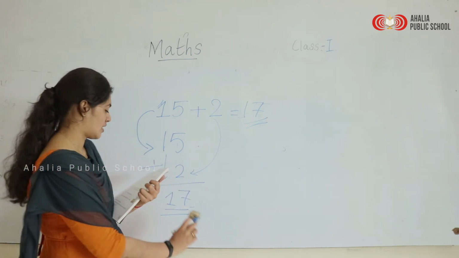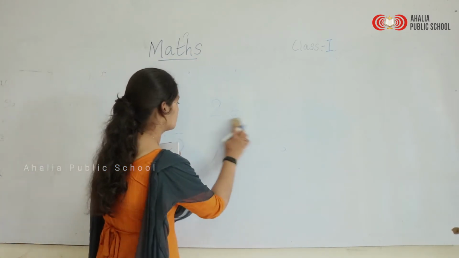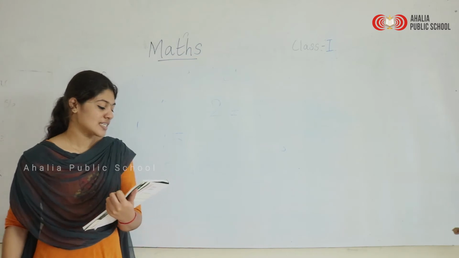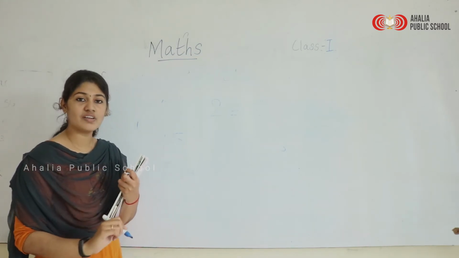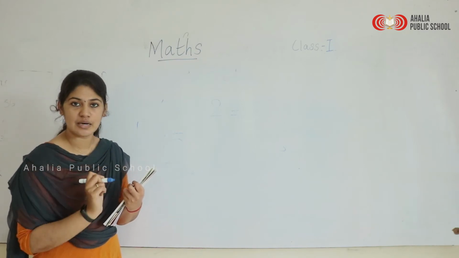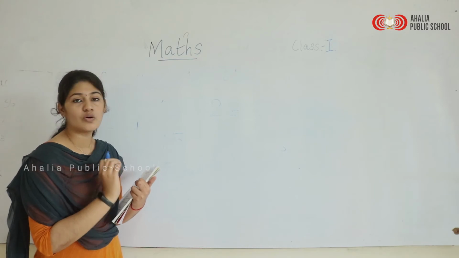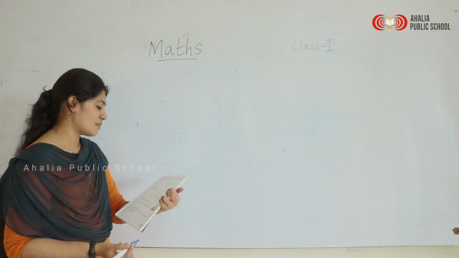Next, addition. Next our topic is addition using number line. In the last interaction session, we have learned how to draw the number lines when we are adding the numbers. Right? Similarly, here also we are using the same number line and we are adding the numbers.